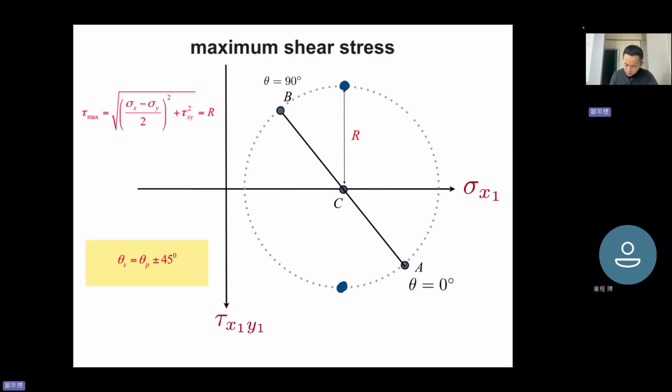These 2 points. This, of course, is tau max positive, and this is minus tau max.